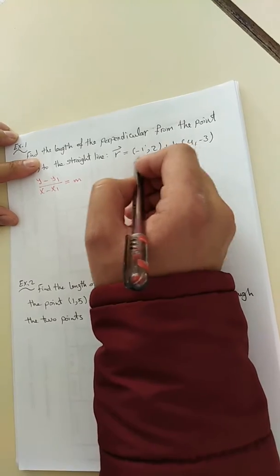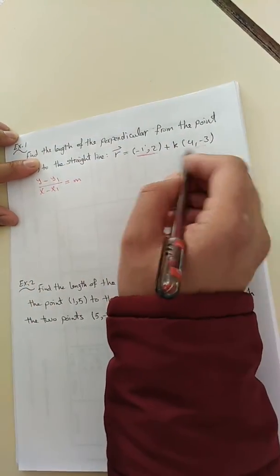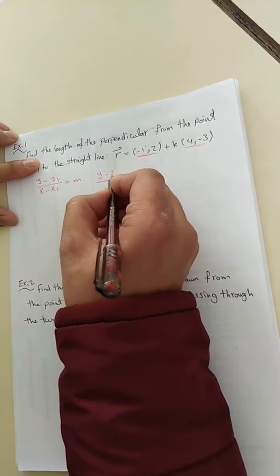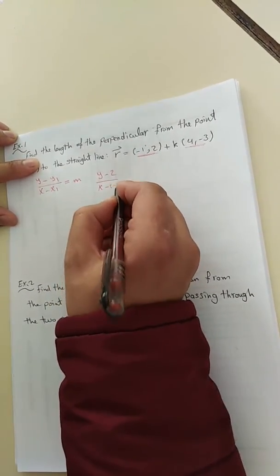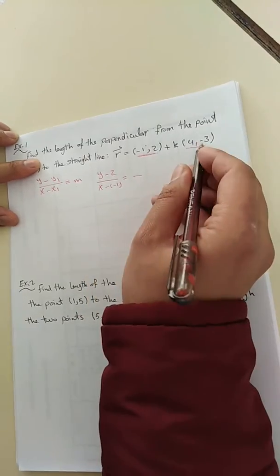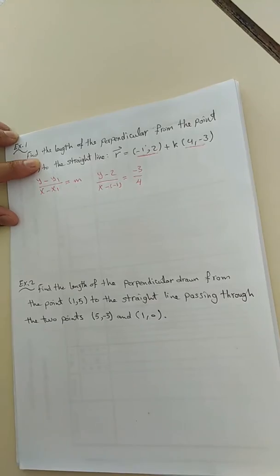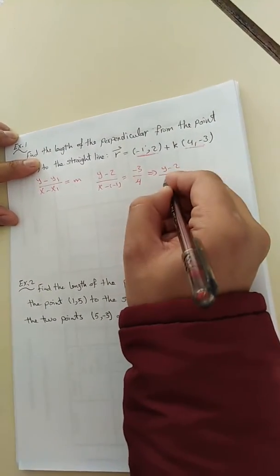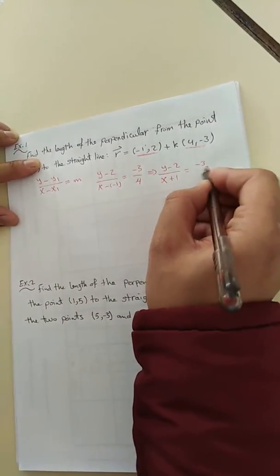We substitute from here for x1, y1, and from here for the slope. y minus 2 over x minus (-1) equals the slope, y over x, which is -3 over 4. So y minus 2 over x plus 1 equals -3 over 4.